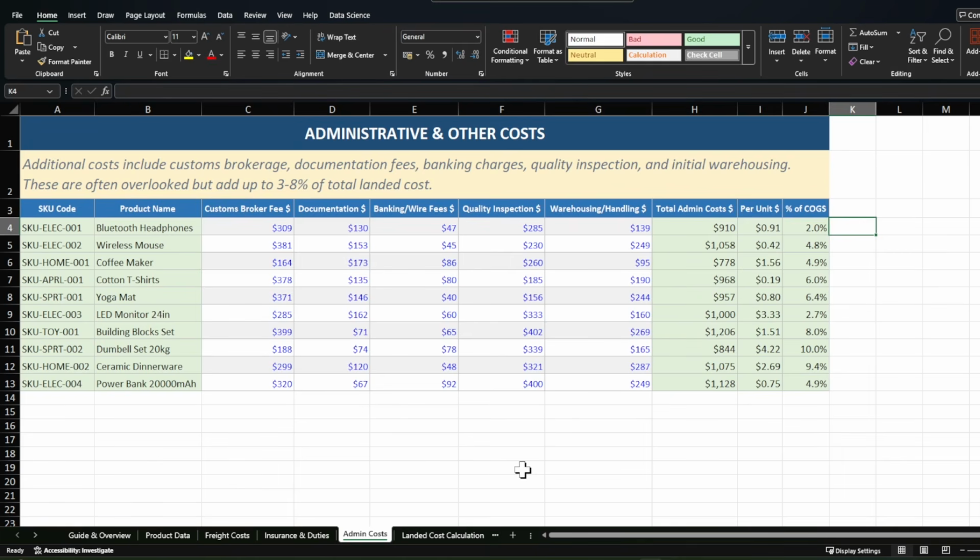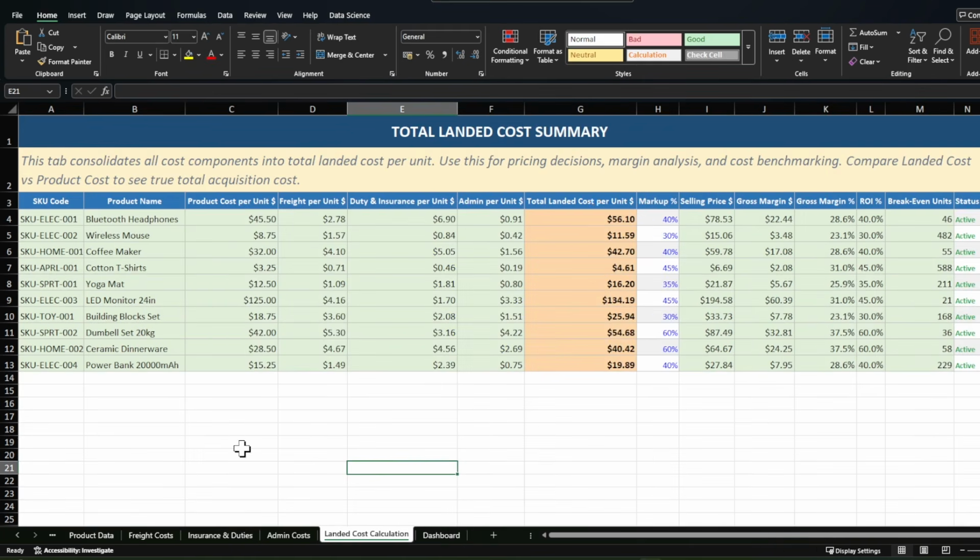So right now we have calculated all the components of your landed cost, be it product data, freight cost, insurance and duties, and admin. Now we need to calculate the total landed cost. And here we are. We are bringing in all the details of the products, then product cost per unit from the product data sheet, freight cost per unit from the freight cost sheet, duty and insurance per unit from the duty and insurance sheet, admin from the admin sheet.